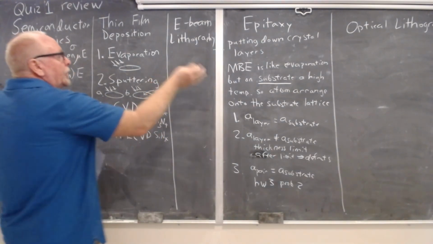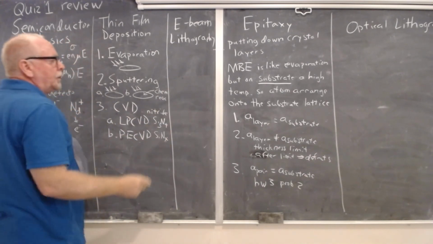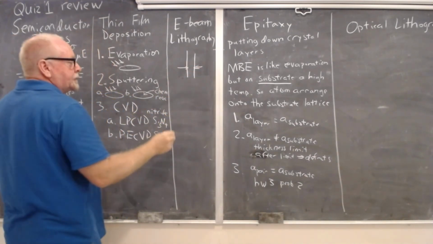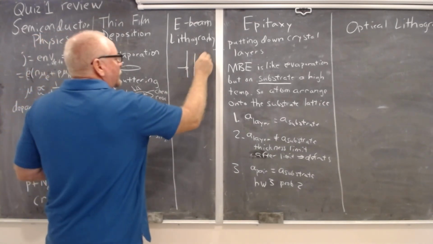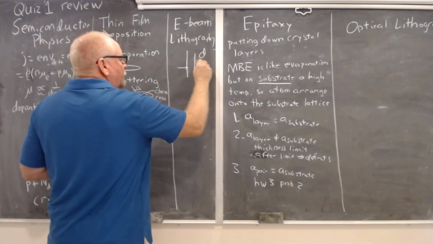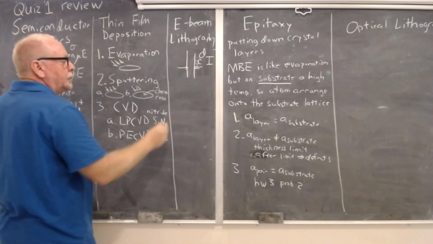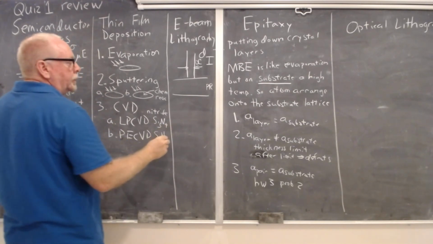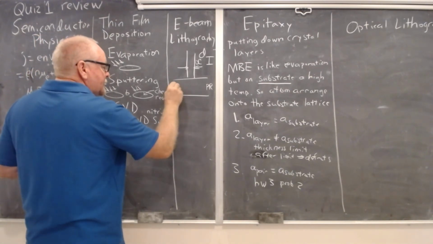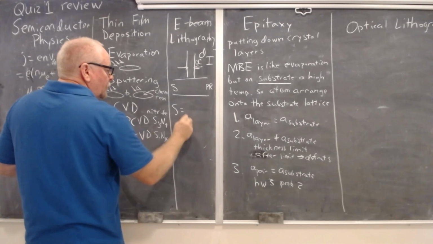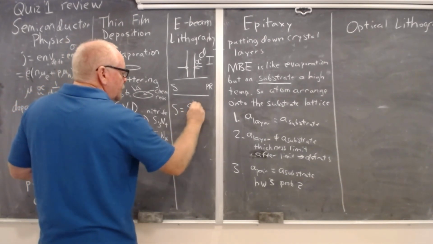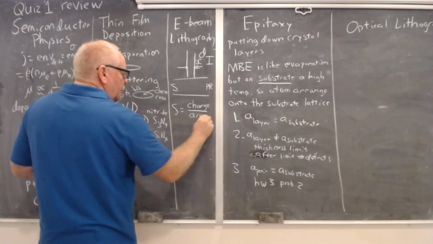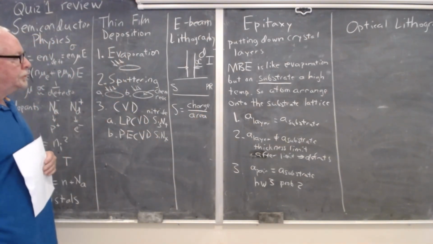Now going to E-beam lithography. We just covered this. There's the beam diameter, D, which is proportional to the beam current, I. All right. And there's the sensitivity, S, which is the charge per unit area required for forward exposure.